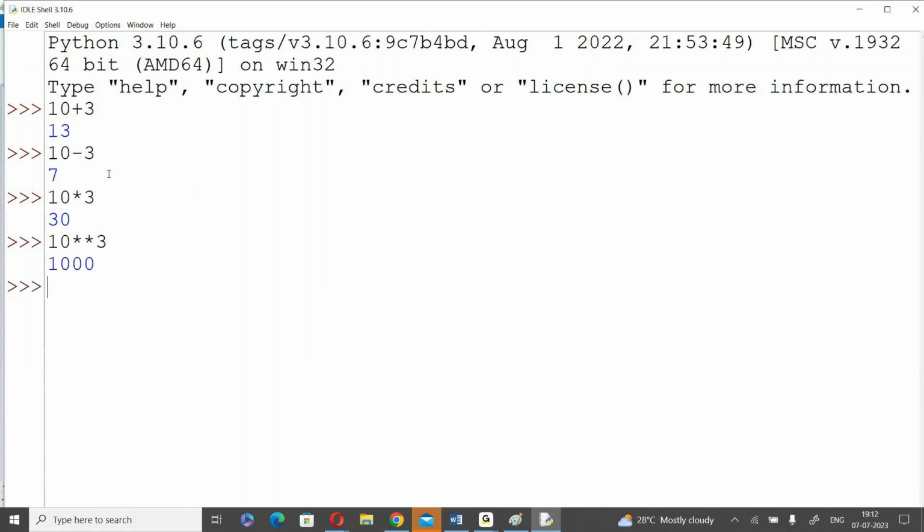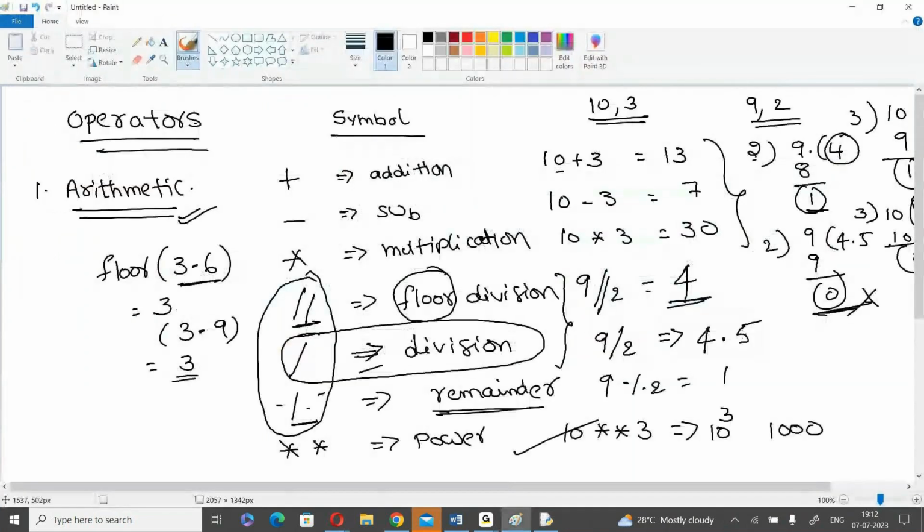Now 10 by 2. Observe what the answer is. 10 by 2. We know that, sir, 2 fives are 10. Very good. But if you are using single slash, that is, the quotient, the result is always floating point.